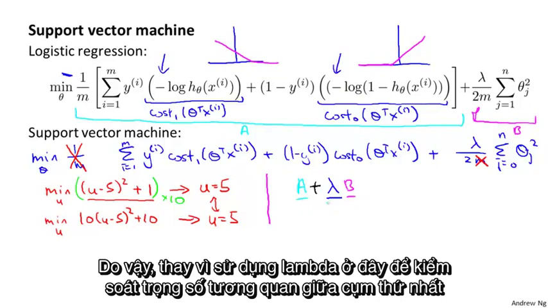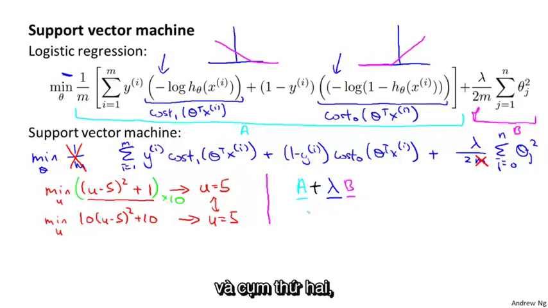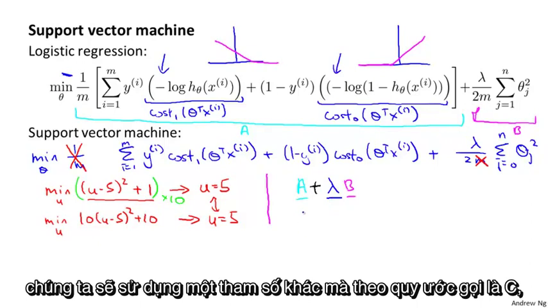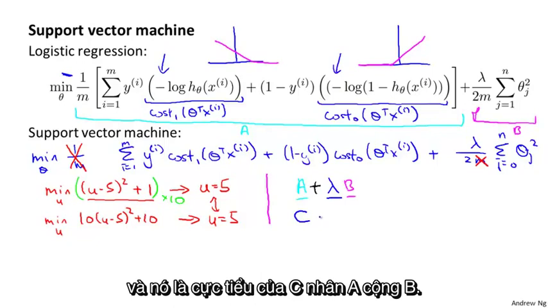Instead of using lambda to control the relative weighting between the first and second terms, we're going to use a parameter which by convention is called C, and we're going to minimize C times A plus B.